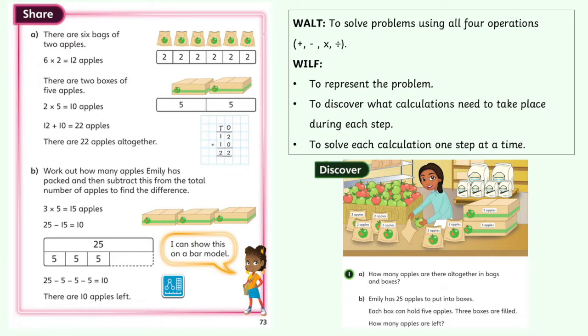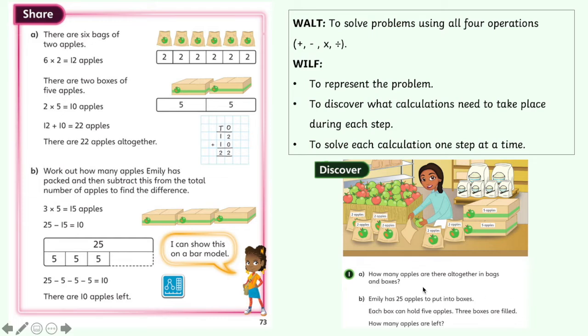So we've worked out each part of this calculation, but we were asked to find out how many apples are there altogether in the bags and the boxes. So we need to find the sum of our 2 answers. We need to add them together. So there were 12 in the bags, add 10 in the boxes equals 22 apples altogether. And you can see that a column method has been used to work that out, or you could do that in your head.